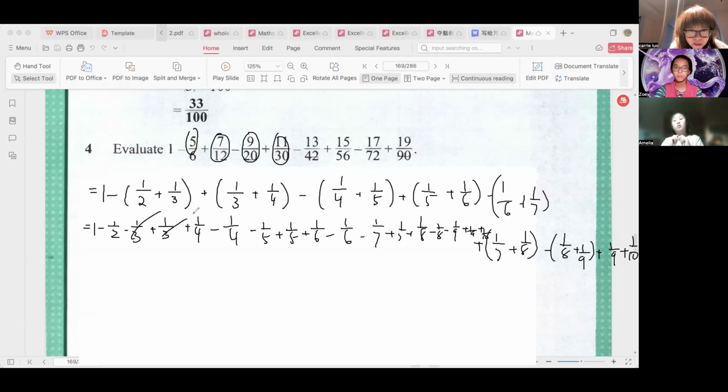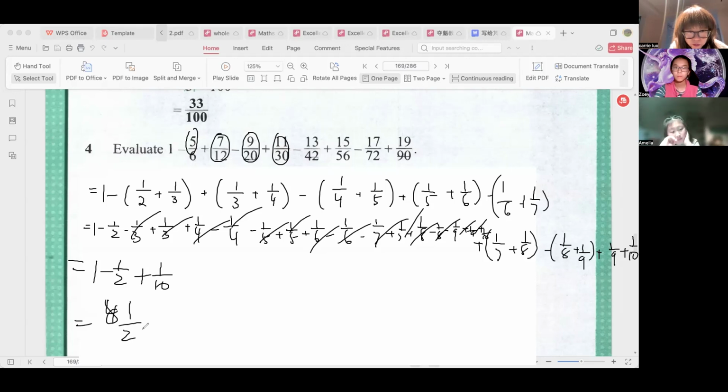Okay, so you're going to see these are gone, gone, gone, gone, gone, gone, gone. So the answer is 1 minus half plus 1 over 10. Sorry, 1 over 2 plus 1 over 10 equals 6 over 10 equals 3 over 5.